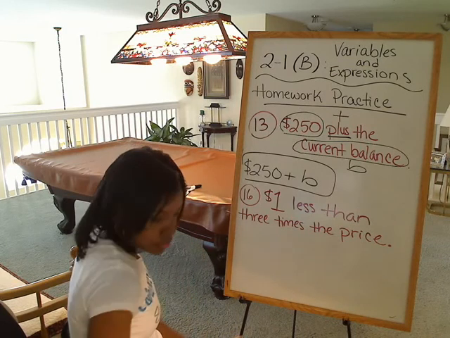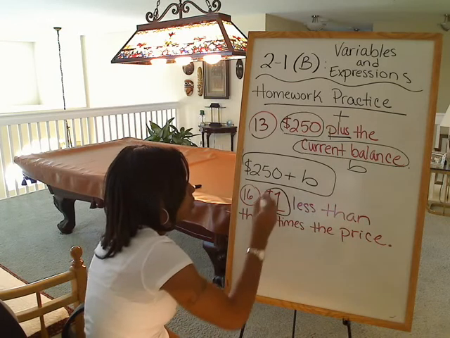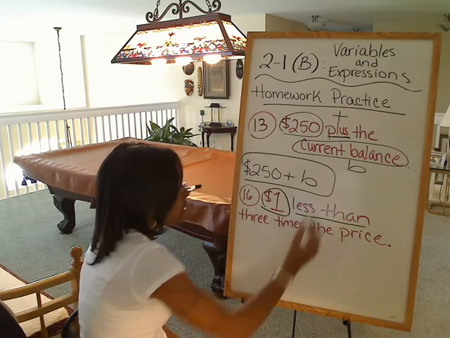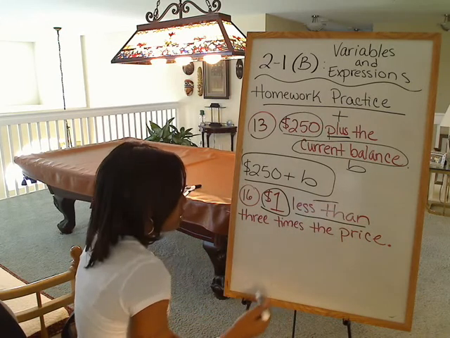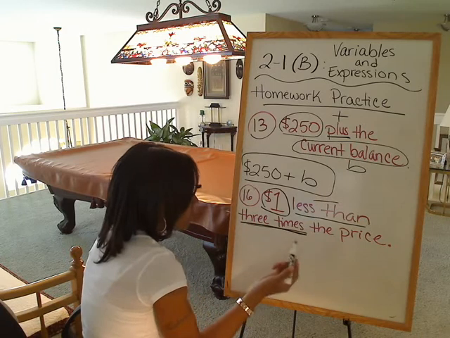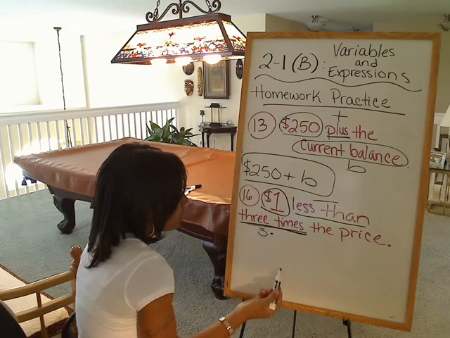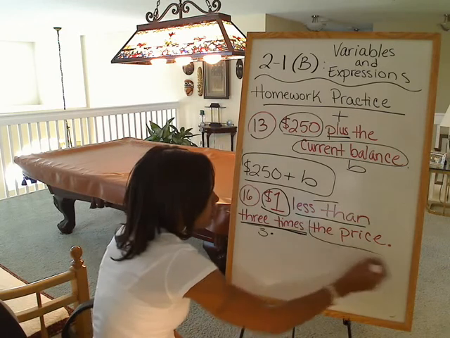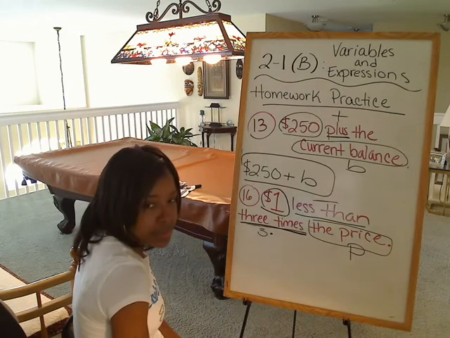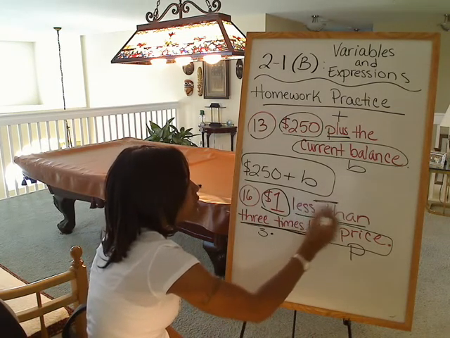So, of course, $1 is important. Less than is important. We're going to find out that that means subtraction in a minute. 3 times, we know that basically means 3 multiplied by something. And the price. We don't know what the price is, so we're going to call it P. Okay? And this is a subtraction sign here.